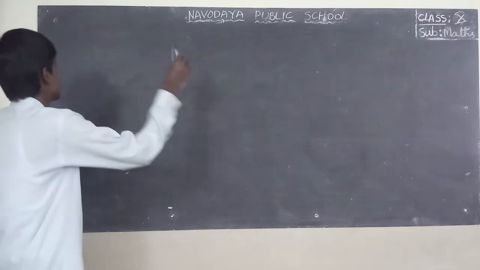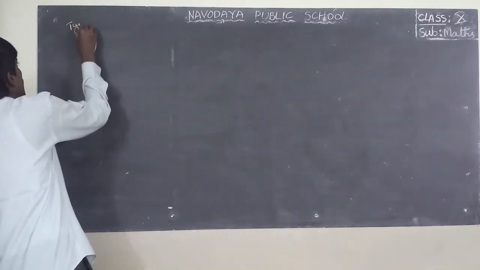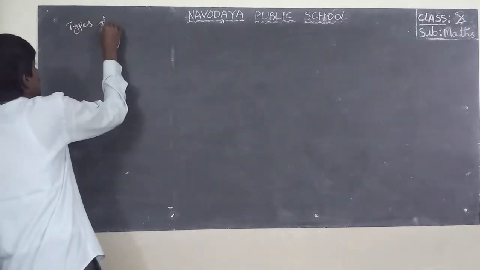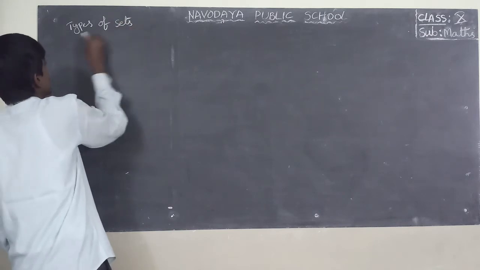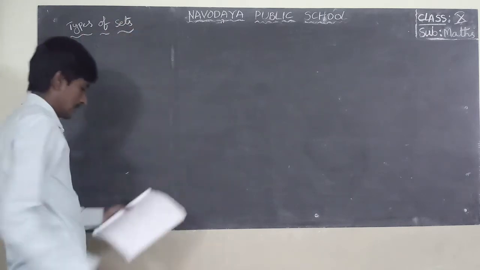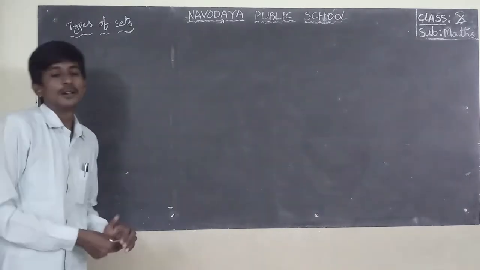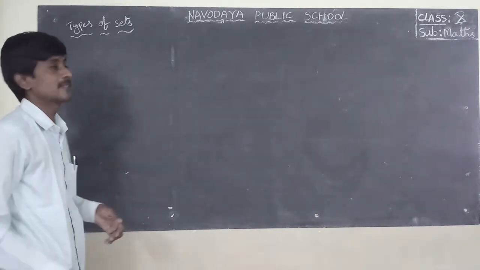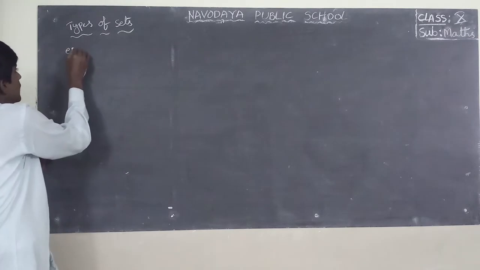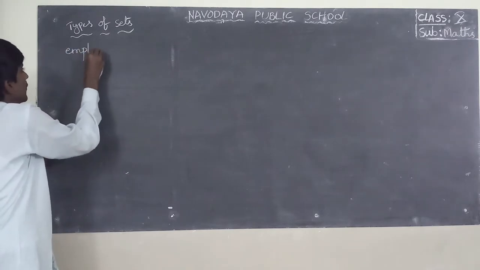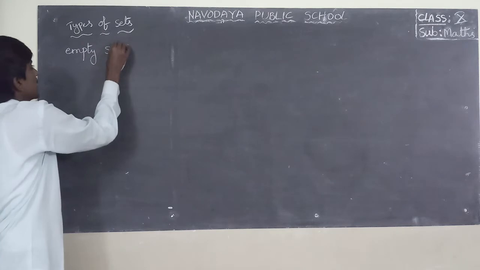Okay, next one is types of sets. The first and most important one is the empty set.